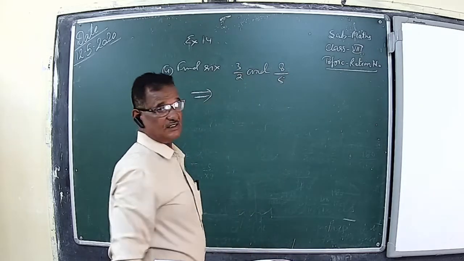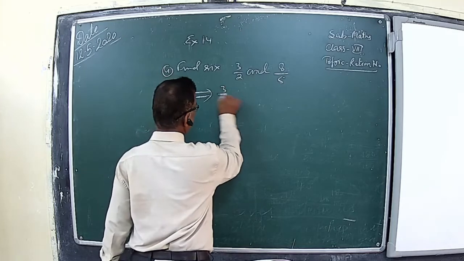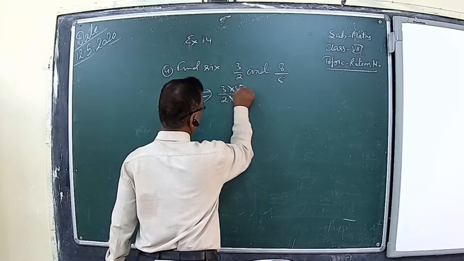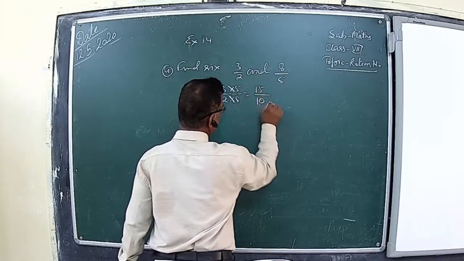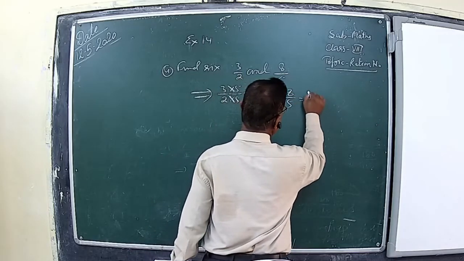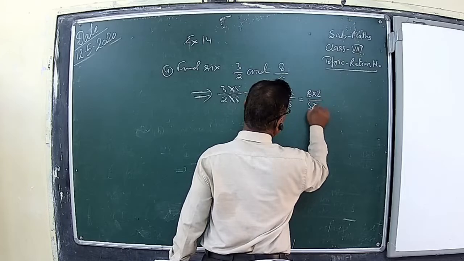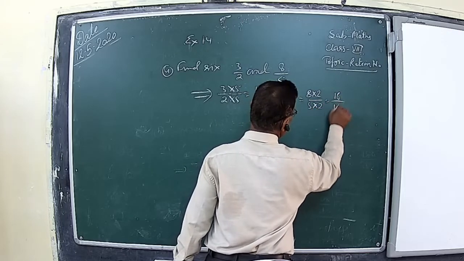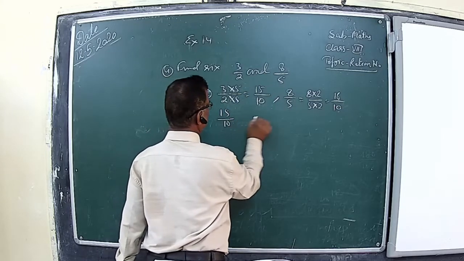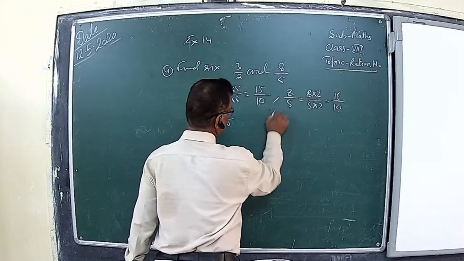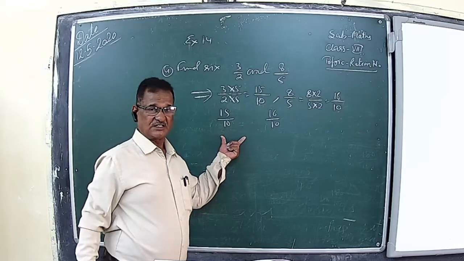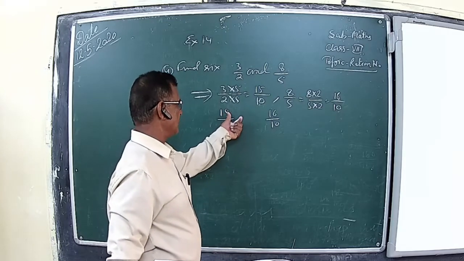Convert into equivalent rational numbers. Both: 3 upon 2, multiply by 5 with numerator and denominator, is 15 upon 10. The second rational number 8 upon 5 is equal to 8 into 2 by 5 into 2, which is 16 upon 10. So you have equivalent rational numbers 15 by 10 and 16 by 10. But we cannot get the required six rational numbers, so multiply by 10 with numerator and denominator.